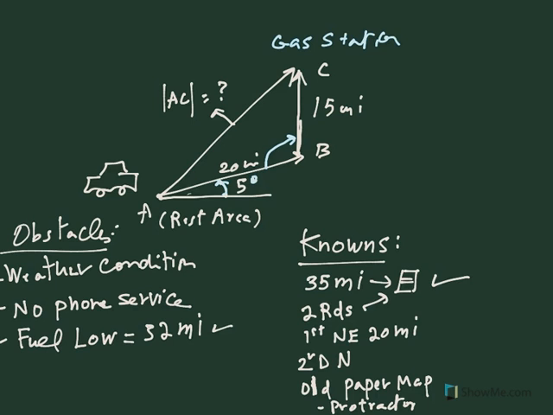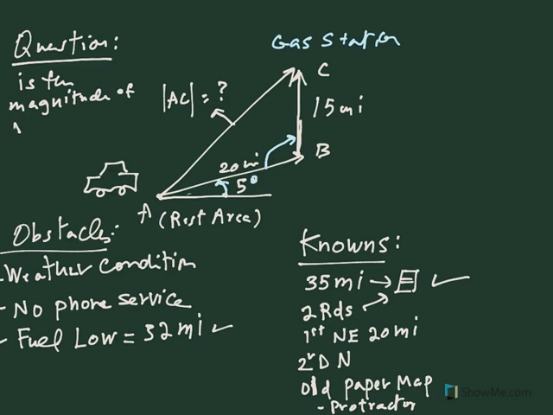And now the question is written. And so what the question would be is the magnitude of vector AC less than or equal to 32 miles.